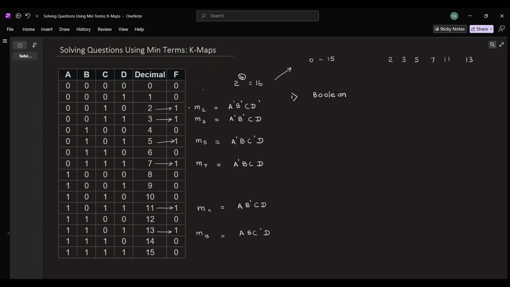Boolean expression F is equal to A bar B bar C D bar plus A bar B bar C D plus A bar B C bar D plus A bar B C D plus A B bar C D plus A B C bar D.